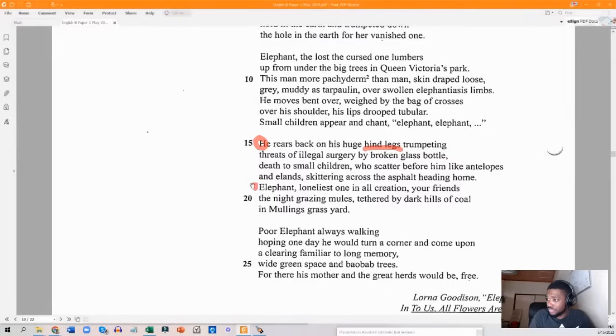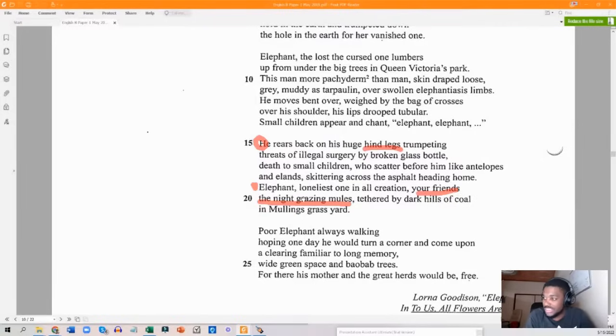And here again, elephant, the loneliest one in all creation. Your friends, the night grazing mules. So why is this man's friends the night grazing mules? There are a number of reasons why this could be so. For one, it might suggest that this man has no human friends. He's lonely because he has no person to interact with, no one to talk to, he has no family, no friends.